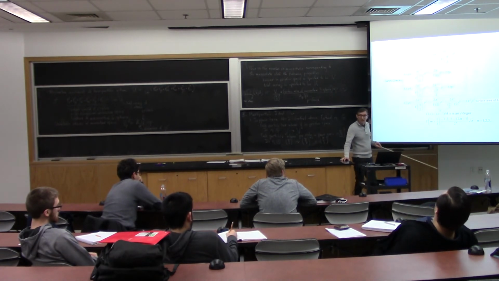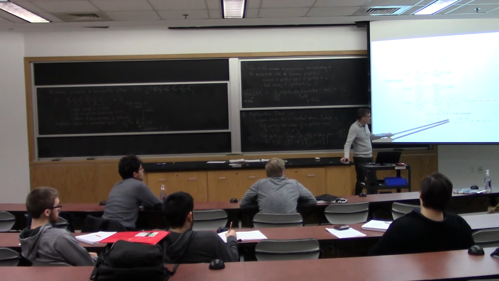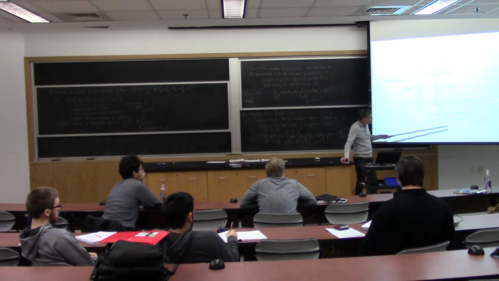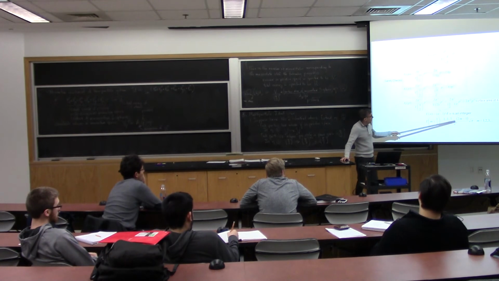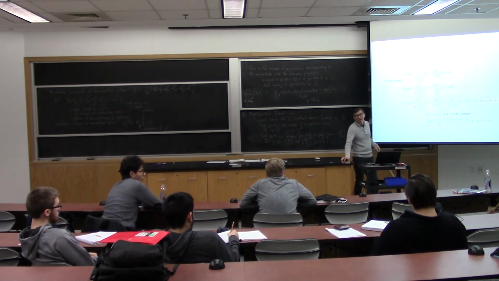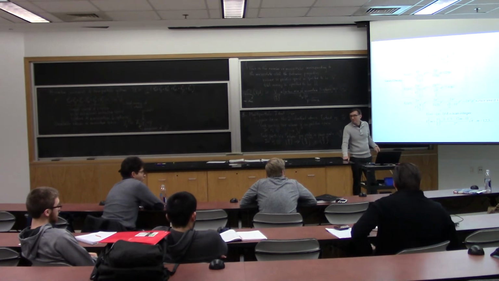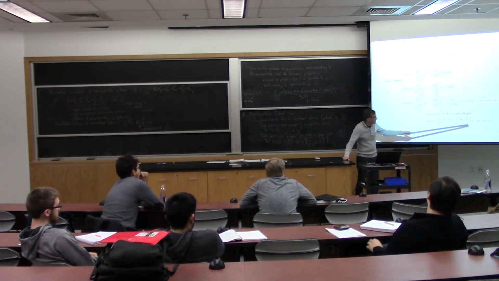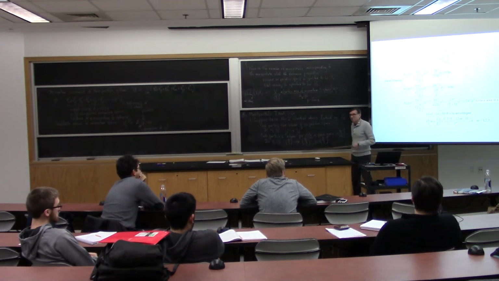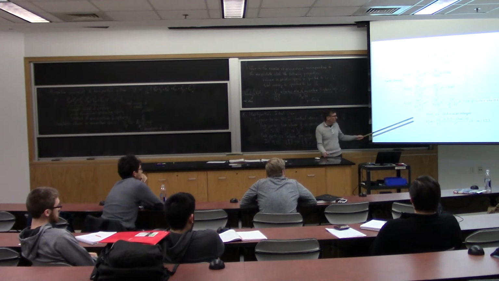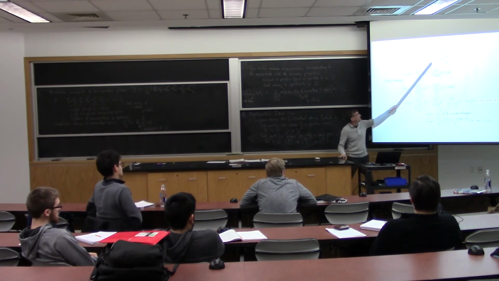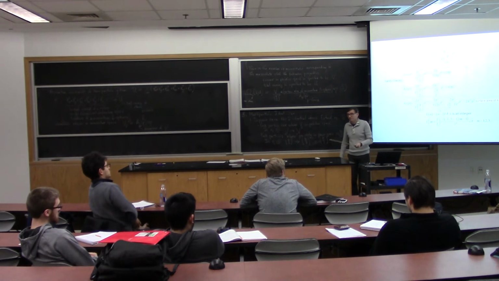It's rather interesting looking result. I'm just stating without proof. 1 times 3 times 5, so we're multiplying odd integers out to a maximum of 2m minus 1. So how far you go up here depends upon what the m is. Divided by 2 to the m, square root of pi. So those are results we're just going to take and use, and of course we're just going to take and use this. Okay?